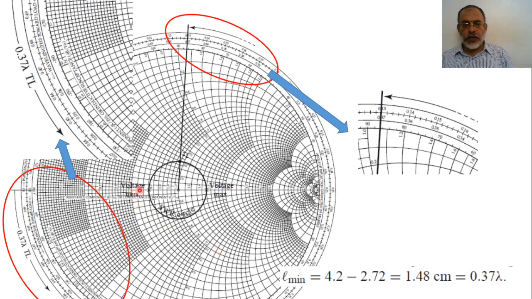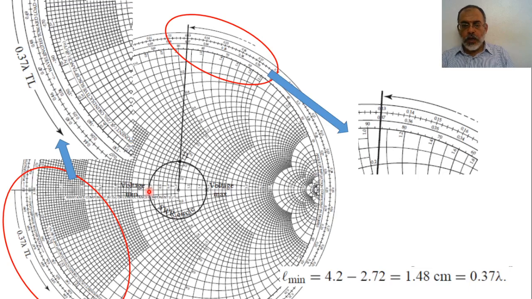And we say that the first minimum is located here. This is the first minimum. Alright? So the first minimum is located here. And we moved from the load a distance 0.37 lambda to reach the first minimum.